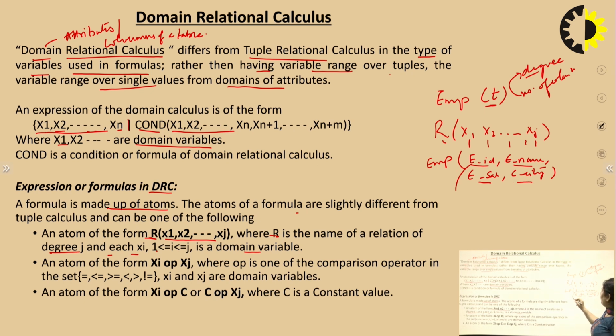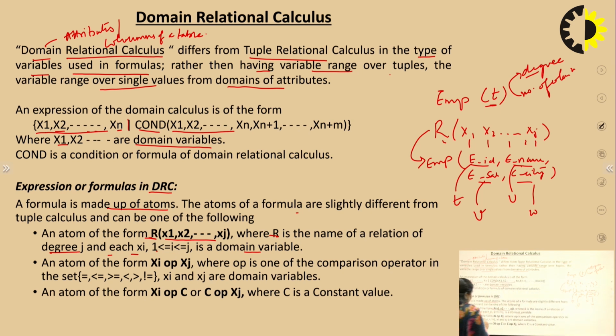Suppose for employee ID I define T, for employee name I define U, for employee salary I define V, and for employee city I define W. So these are 4 variables for 4 attributes. So R is here employee, that is a table. x1, x2 up to xj are different attributes, and for each attribute we will define a different variable.